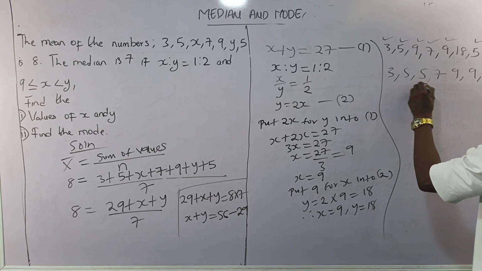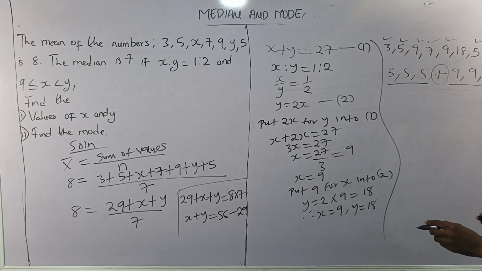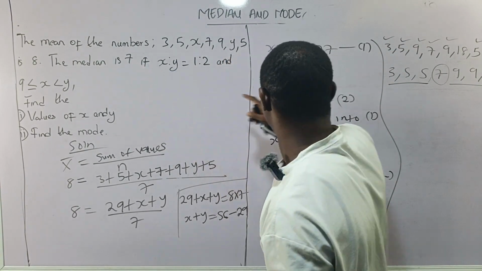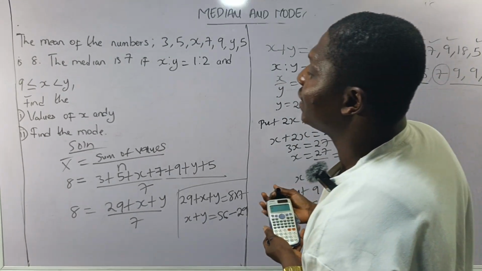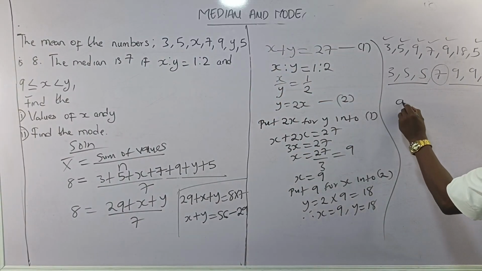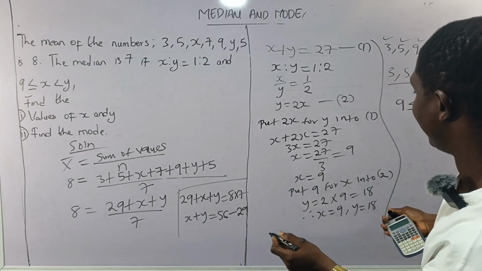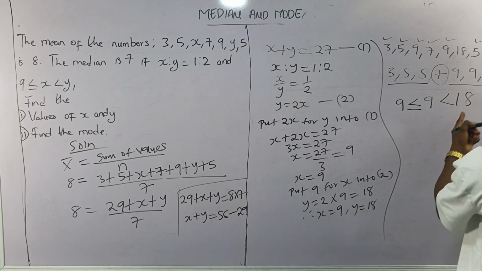If I eliminate these 3 and eliminate these 3, I'll have my 7 as my median, which corresponds to what they said. So the median is 7 as said. And also, we can verify. They said 9 is less than or equal to x, less than y. Here x is 9 and y is 18.